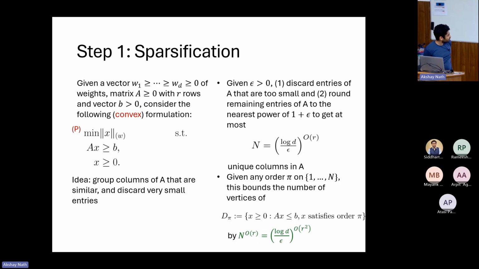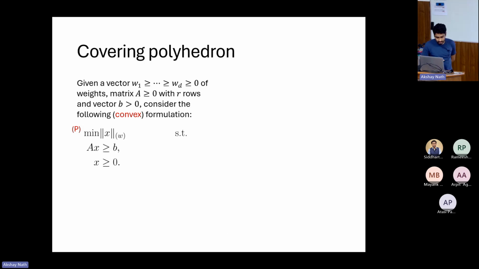Now already the number of orders is capital N factorial, which is roughly log d to the power order r squared, because N itself, remember, was log d to the order r. So the number of vertices is bounded. The number of orders is still N factorial, which is bad, but the number of vertices is bounded.